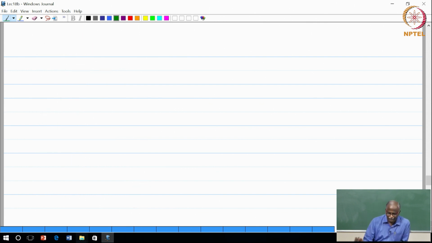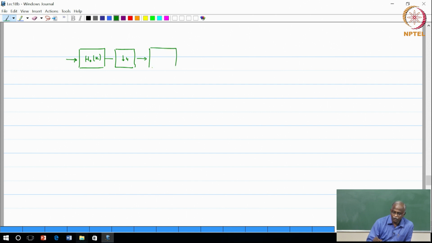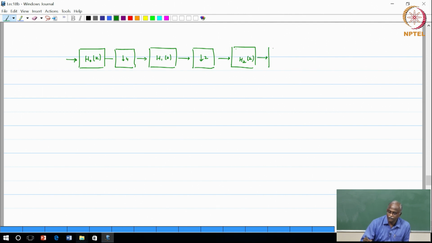Now, I am going to do the following. I want to downsample by a factor of 16. I use an anti-aliasing filter H0 of z and then downsample by a factor of 4, then pass through another anti-aliasing filter, let me call it H1 of z, downsample by a factor of 2, and a third filter H2 of z, downsample by a factor of 2.